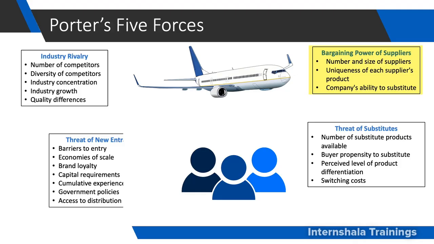Hence, it is necessary that the suppliers should be of high quality. Therefore, in the airline industry, suppliers like Boeing have very high bargaining power and they dictate the price of manufacturing the plane, and the business does not have much say over it.